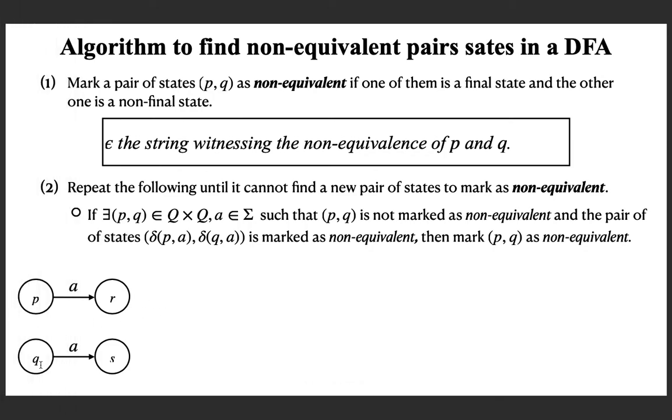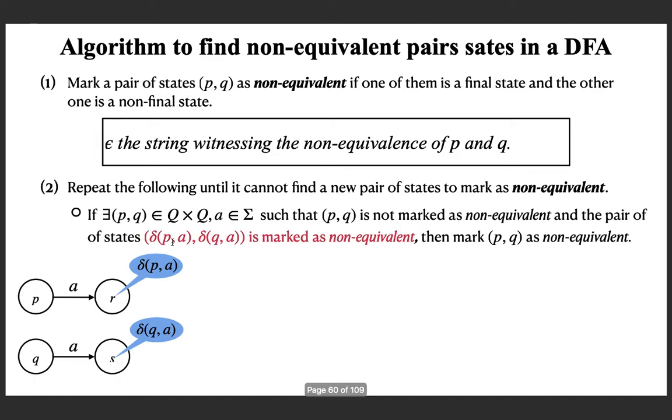Suppose PQ is a pair which is not marked. And on A, from P you are going into R. And on A, from Q, you are going into S. That is the case. PQ is not marked as non-equivalent, but RS is marked.